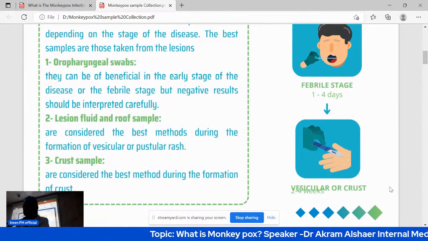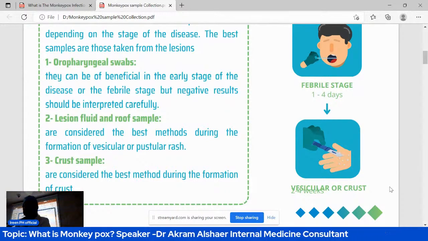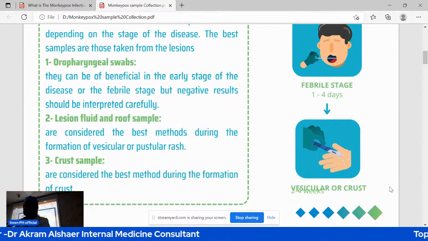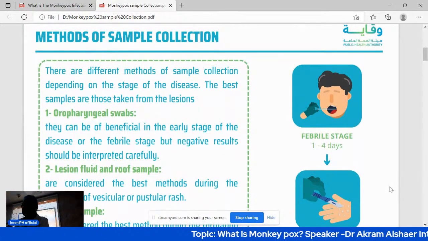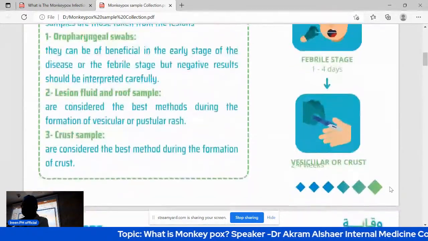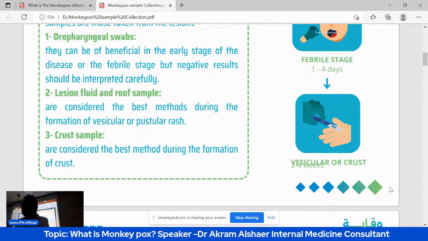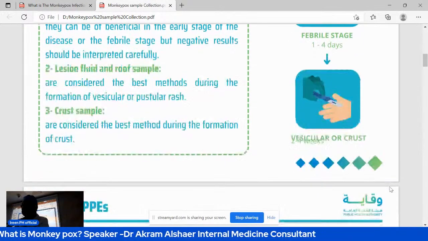So, the methods are oropharyngeal swabs, lesion fluid and roof samples, and the last one is the crust sample. Vesicular stage is 1 to 4 days, crust is 2 to 4 weeks.